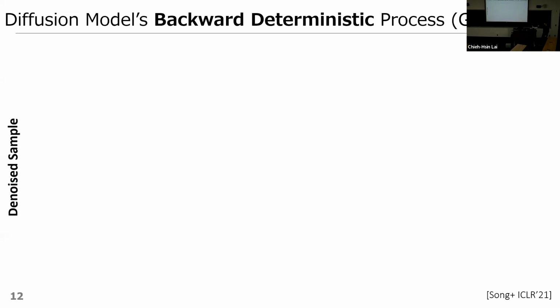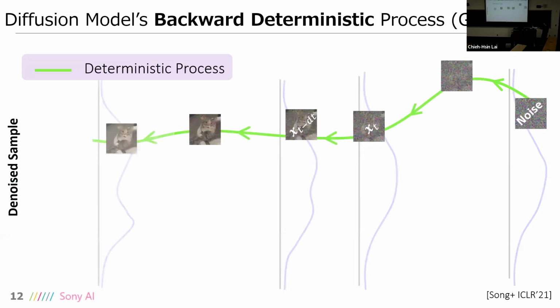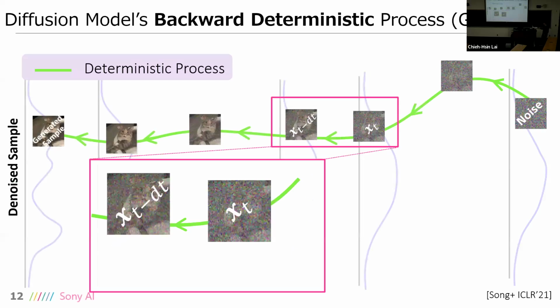And actually there is also a deterministic process which can follow the same marginal as the forward. If we go from noise through this denoising process and look in the middle, it gives a deterministic process to tell us how to remove the noise from the noisy part to the clean part.